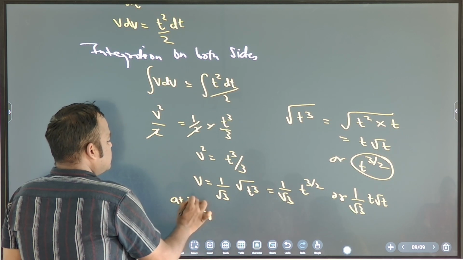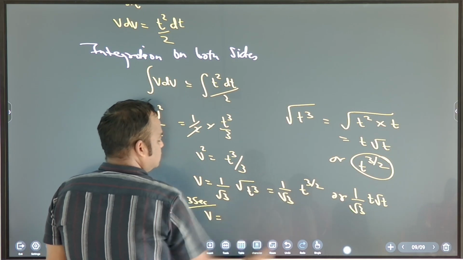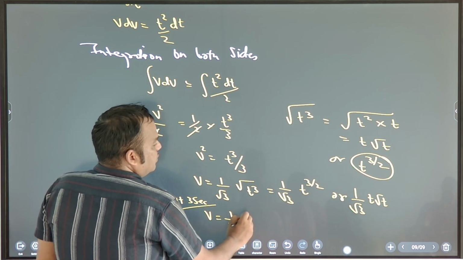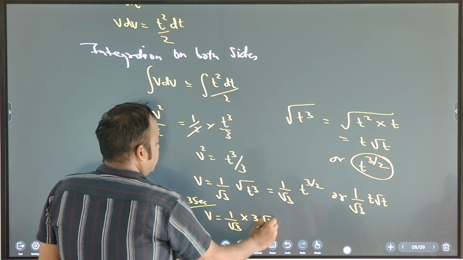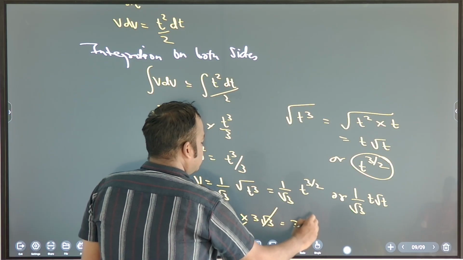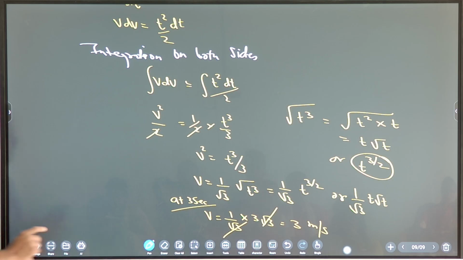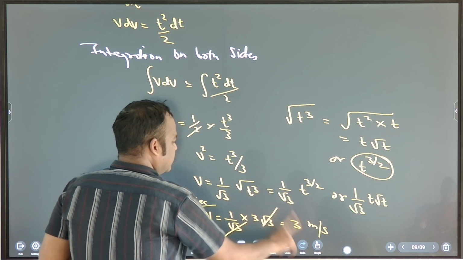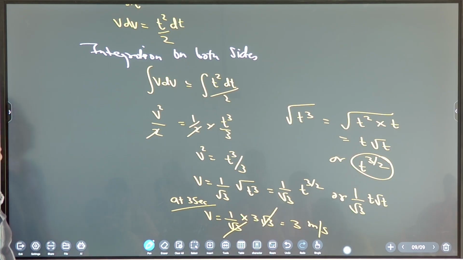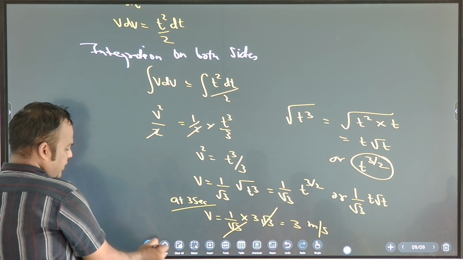At 3 second, velocity is 1 by root 3 into 3 root 3. Root 3 cancels. So the answer for velocity is 3 meter per second. At 3 second, velocity is 3.